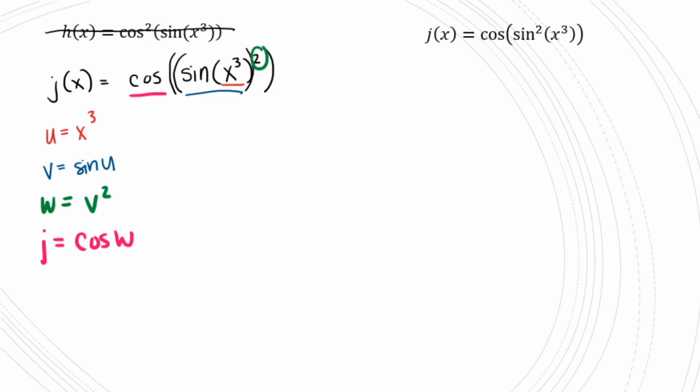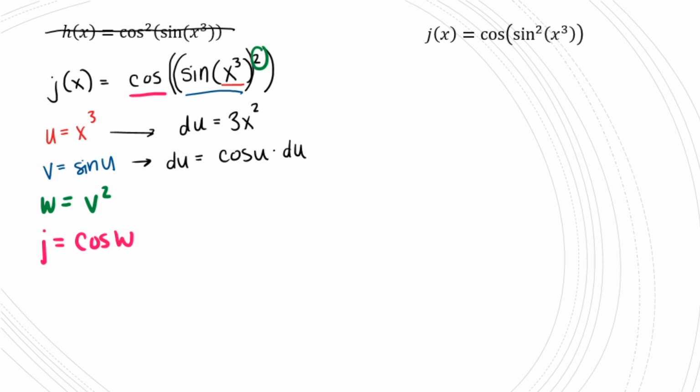Starting from the middle, du is 3x squared. Now, if v is sine u, dv is going to be cosine u du.